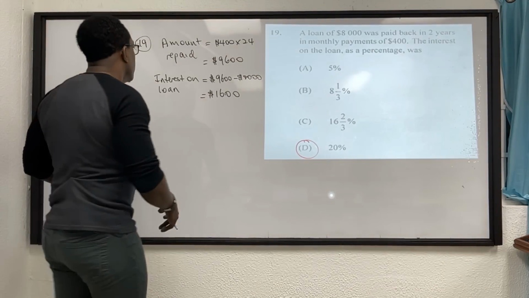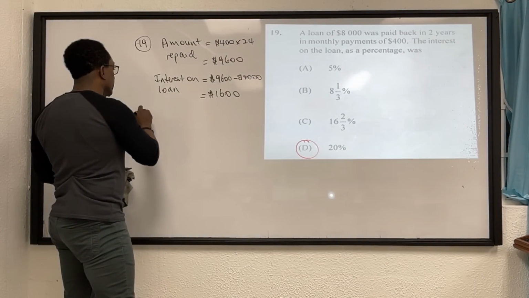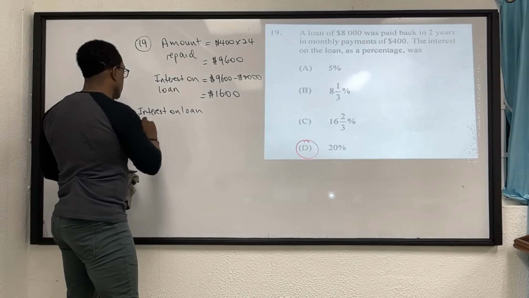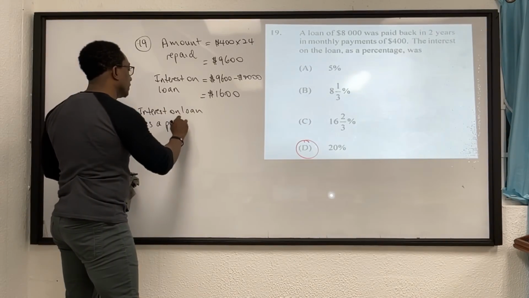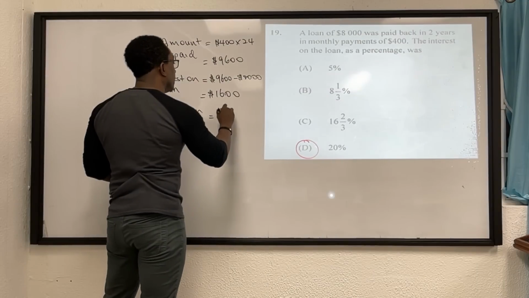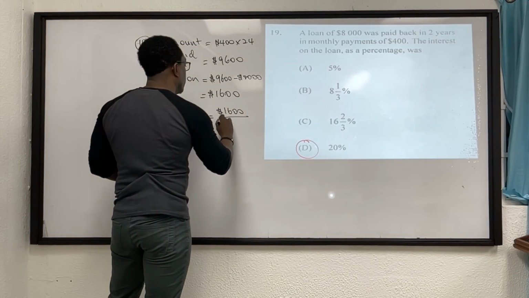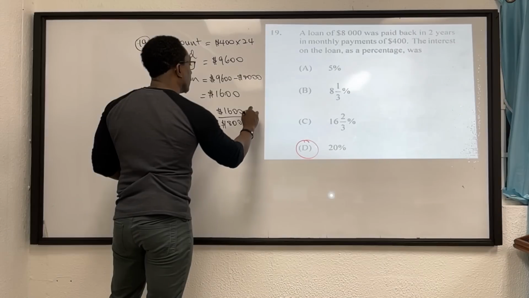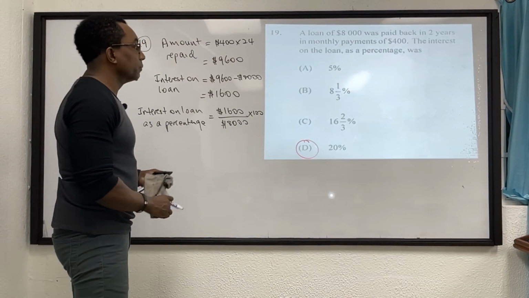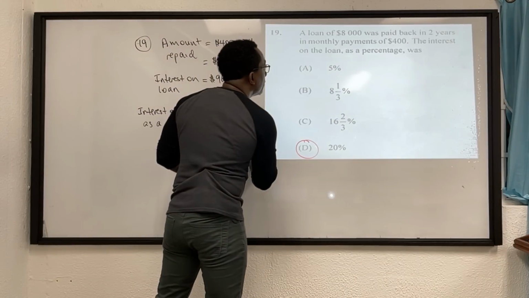So the interest on the loan as a percentage will be 1,600 over 8,000 multiplied by 100.